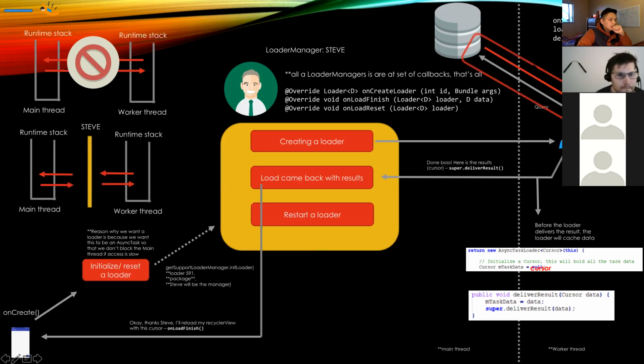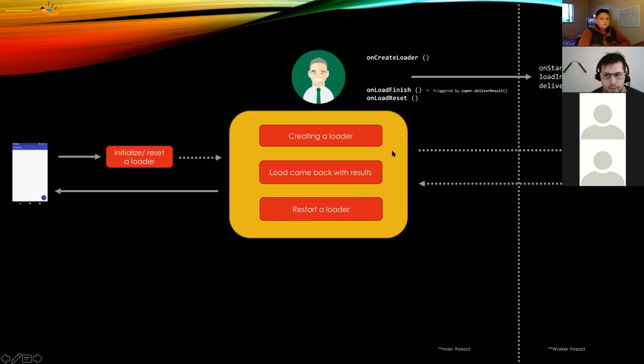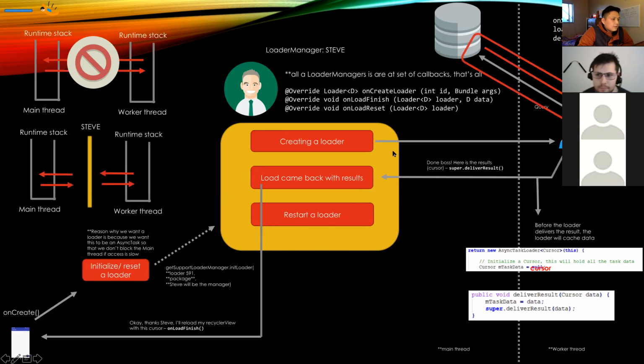Now we're going to look at this part here, which is pretty important. The worker communicates back with a callback. Once the loader finishes, it tells the loader manager, and then the loader manager tells you as a programmer through a callback.